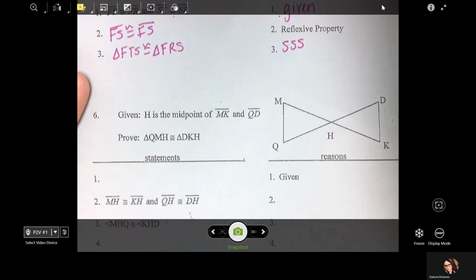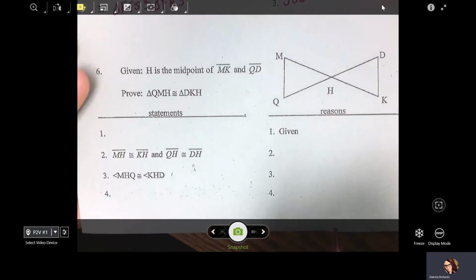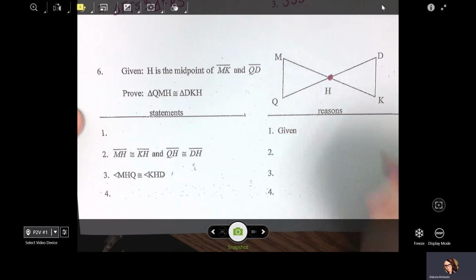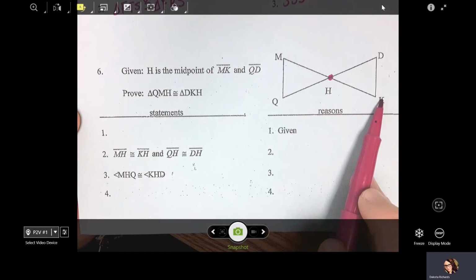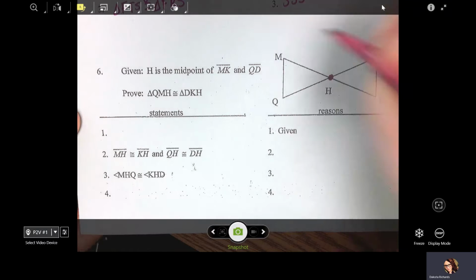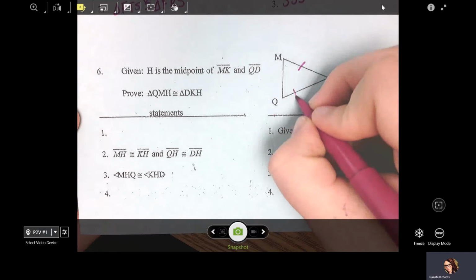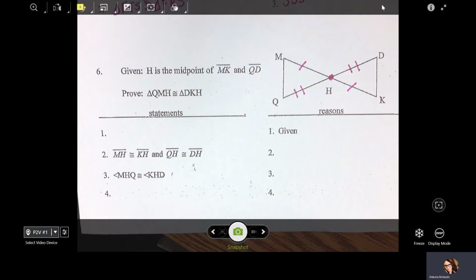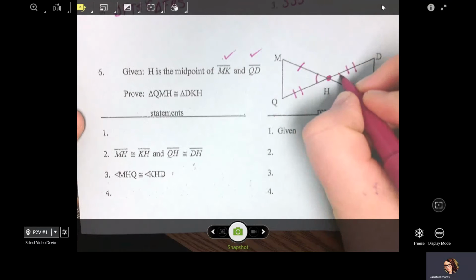Okay, number 6. Given that H is the midpoint of segment MK, so this is our midpoint. So it's the midpoint of MK and DQ. So we have congruent segments here as well as there. And this is one of those bow tie questions. So we have vertical angles.